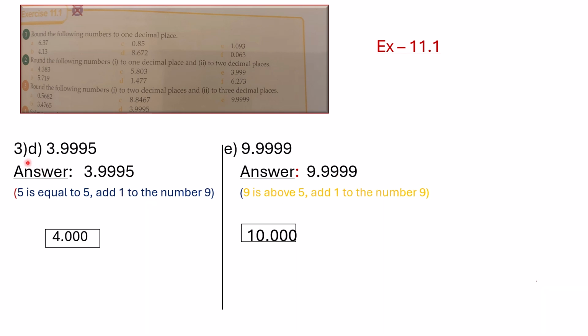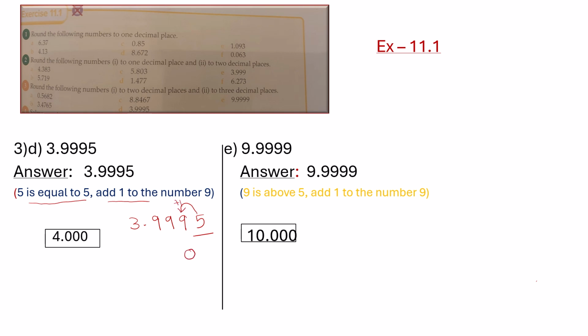Third question, D sum is 3.9995. We have to round off this number to 3 decimal places. Look at the last digit, that is 5. 5 is equal to 5. We have to add 1 to the previous number, 9. 9 plus 1 is 10.